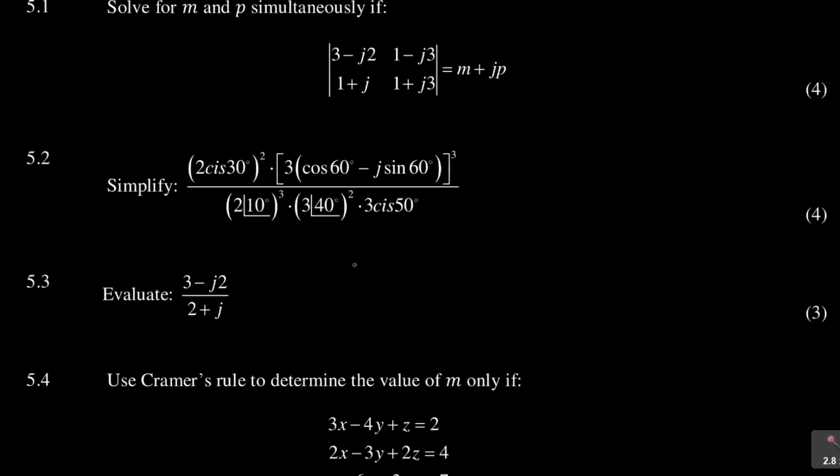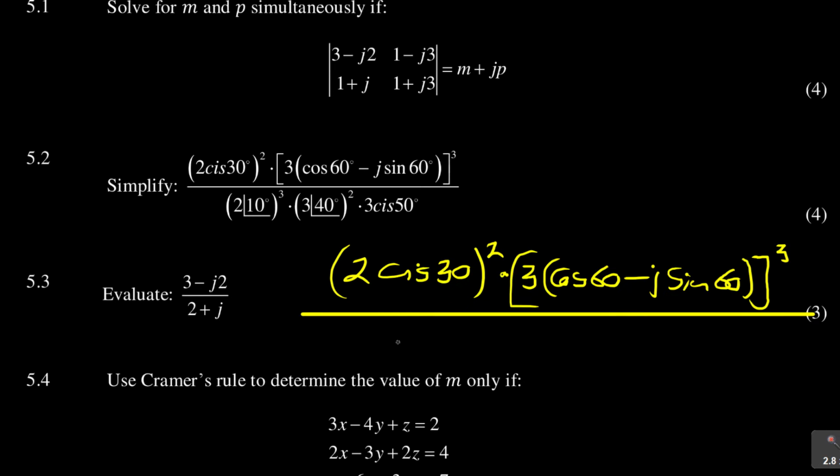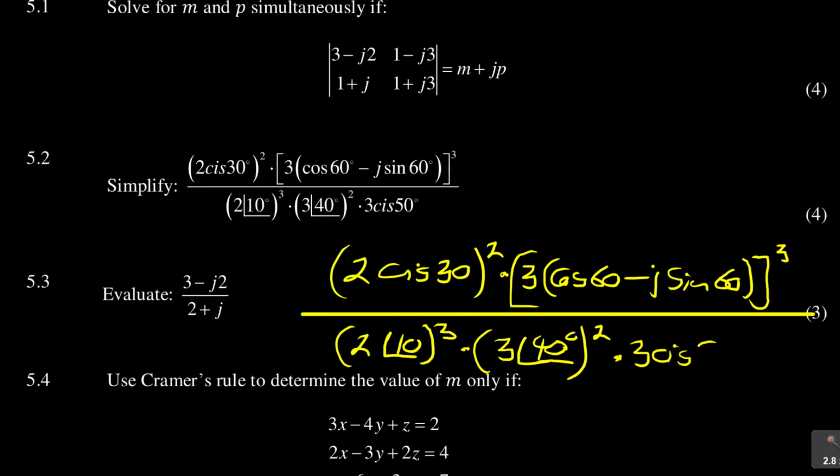Let me write it down: 2 cis 30 squared, and then dot, we are also given 3 times cos 60 minus j sine 60, close that, to the power of 3, all over 2 cis 10 cubed dot 3 cis 40 degrees squared, and then dot, you have got 3 cis 50 degrees.